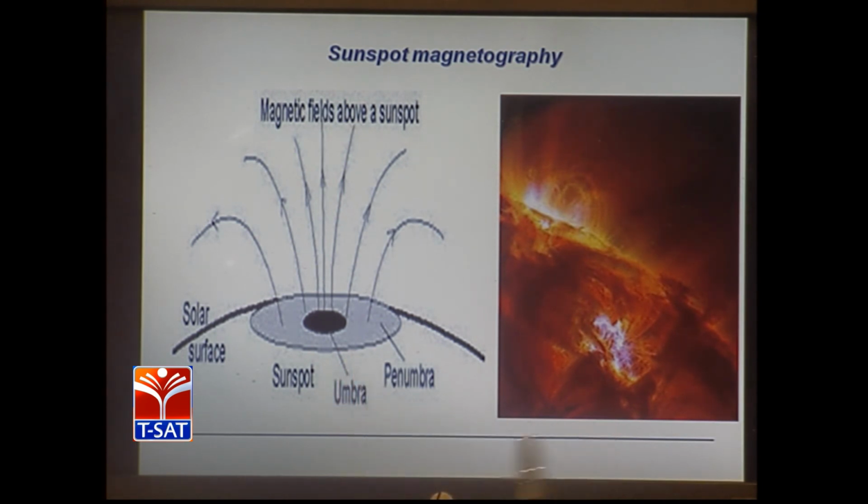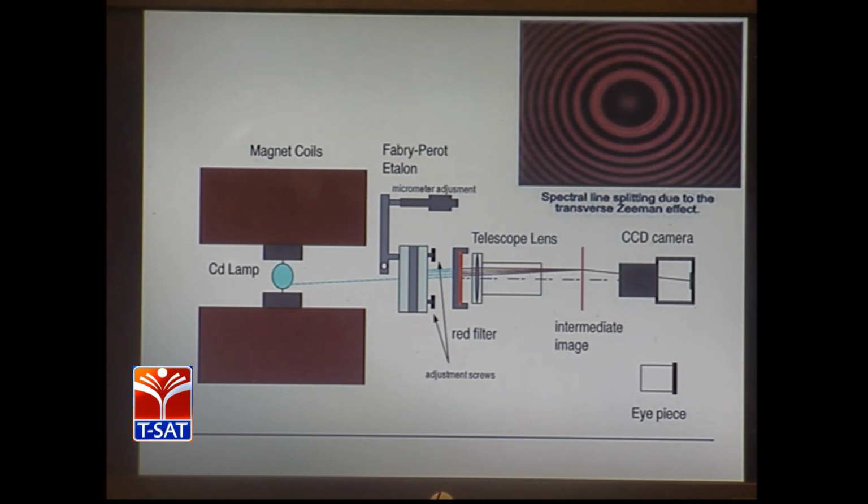These fields are varying, and hence we can apply the Zeeman effect here, and it is effectively a magnetography. This is one of the modern instruments to detect the Zeeman effect.